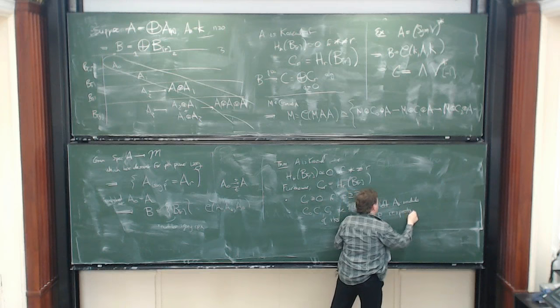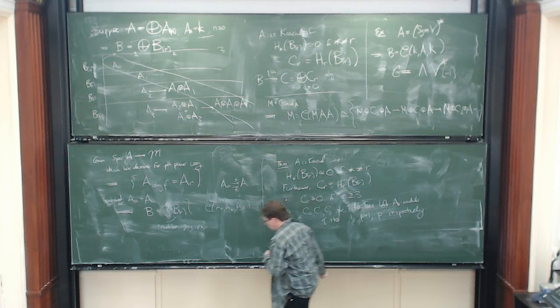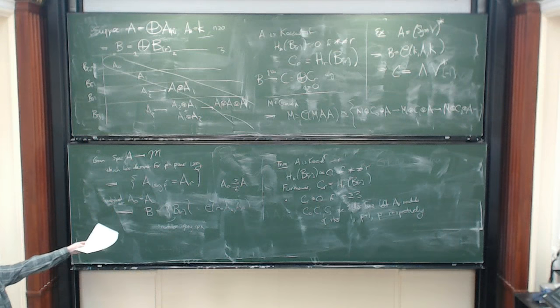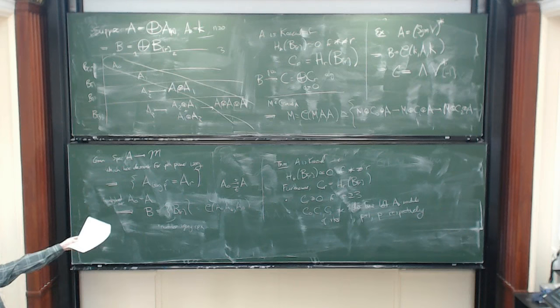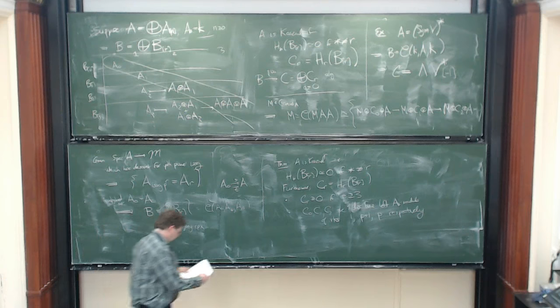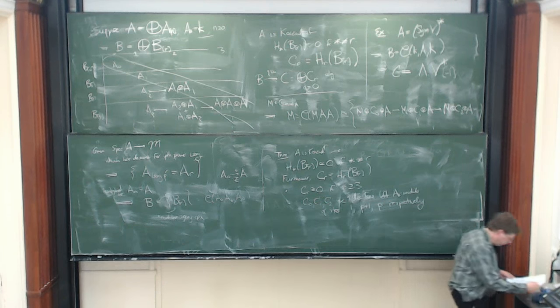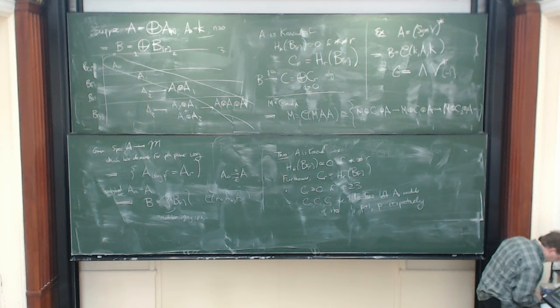I say left to be specific because the CIs turn out to be bimodules for A0. They're also free as right modules with the same rank, but let's just be specific. So you don't have to worry about which is left and which is right. It's the same story either way.